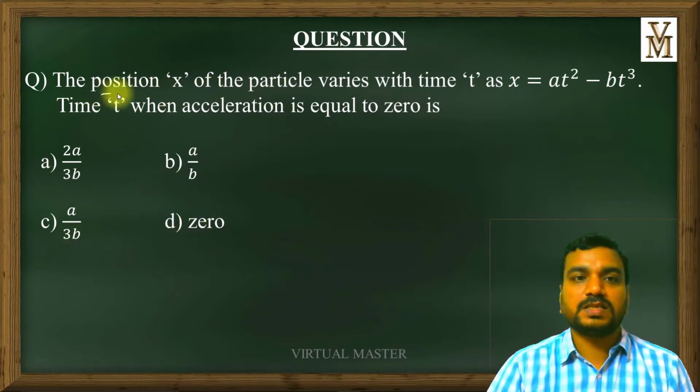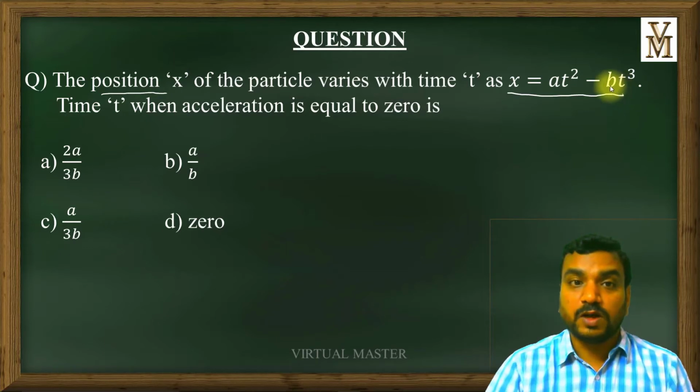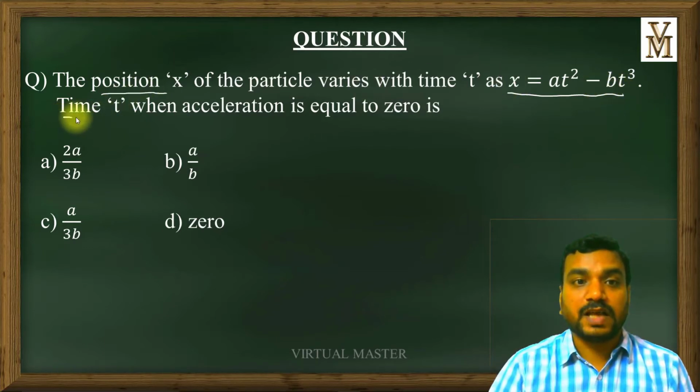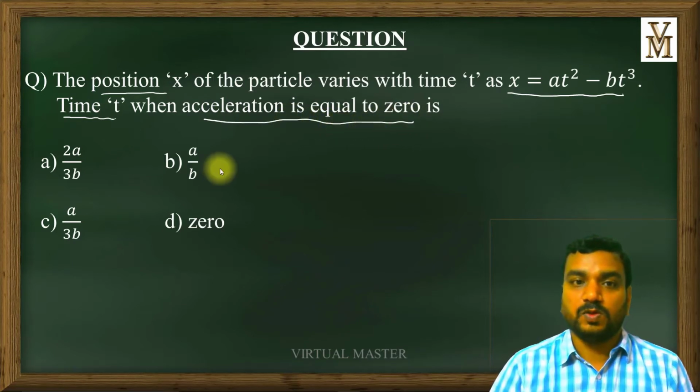Position of the particle is given as a function of time, that is x equals at square minus bt cube. Now what you have to find? We have to find time t when acceleration is equal to 0. Okay, and four options are given here. Okay, you have to give the correct answer in the comment section.